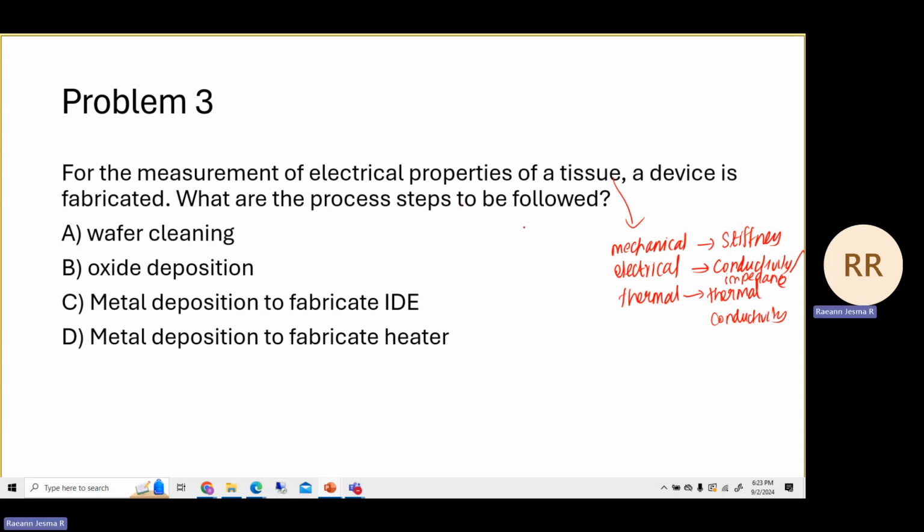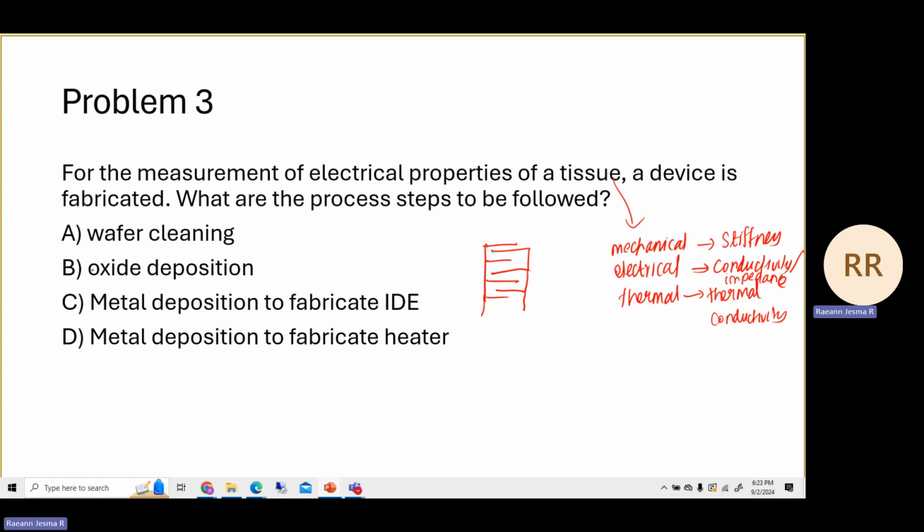How does the structure that we are using to measure the electrical properties look? It's an IDE. From the top side, we'll have some interdigitated electrodes like this. Here, you just have to tell the sequence of steps which are used to fabricate this kind of structure.